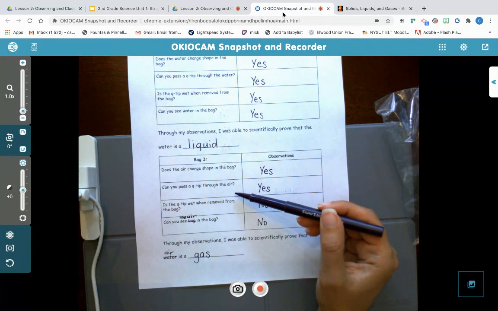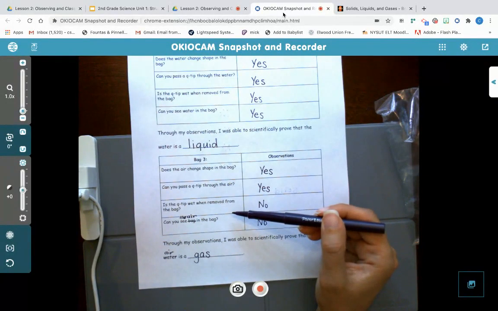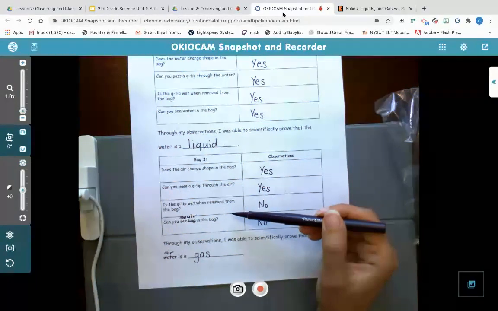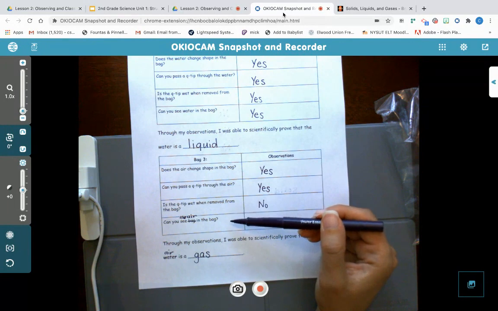I wouldn't be able to do that if it was a solid. When I pulled the Q-tip out from the bag of air, the Q-tip was not wet like it would be if it was a liquid. And I cannot see the air in the bag. I would be able to see whatever object it was if it was a solid or a liquid.